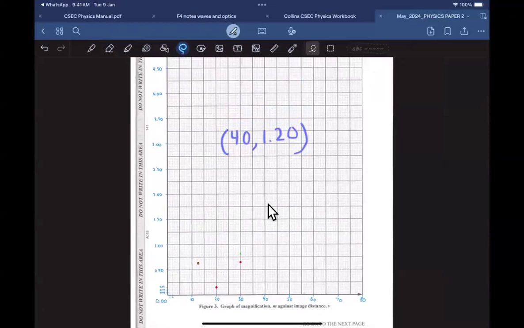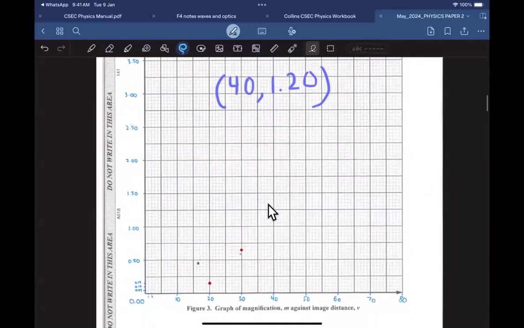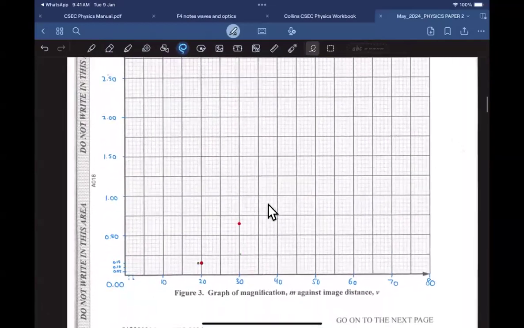Just keep in mind every small block is 0.05. So keep that in mind. 40, comma 1.20. Could zoom it out. Yeah, that could work.